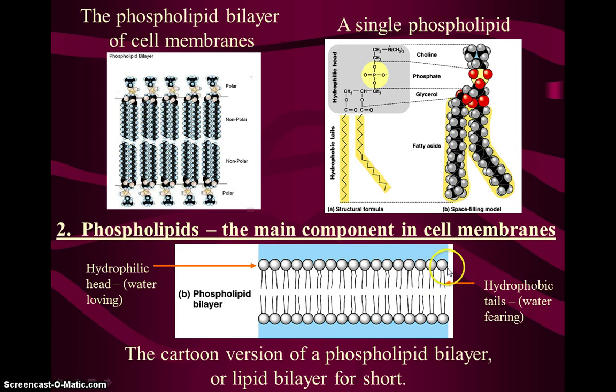So the way it's built, it allows water to pass, but it also makes sure that not too much water passes. It's a very well built membrane, this phospholipid, to help regulate the amount of water. So not too much, but enough can make it into the cell. So this is the second type of lipid, phospholipids.